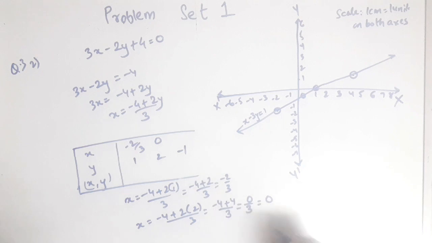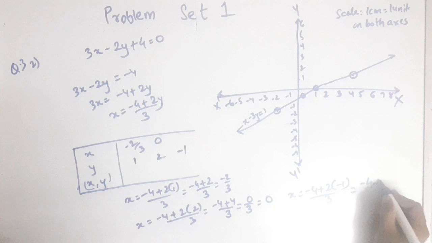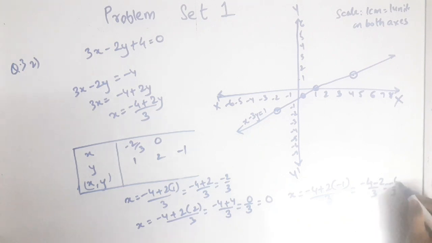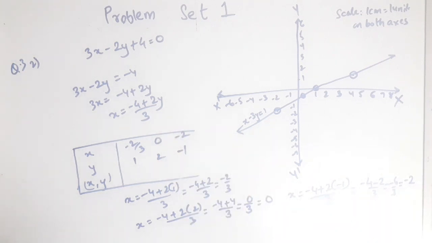Let us take minus 1. So x is equal to minus 4 plus 2 into minus 1 upon 3. It becomes minus 4 plus minus 2 upon 3, which is minus 6 by 3. Minus 6 by 3 is minus 2. So we got here minus 2.